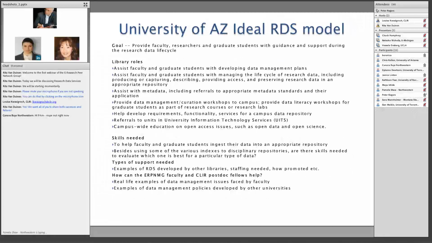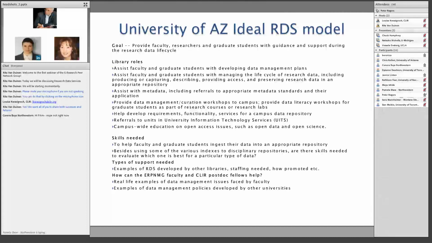And then I've got under the library roles for an ideal RDS model, let's see, some of these are the same as what we're currently providing. And in addition, helping faculty and grad students manage the life cycle of research data.